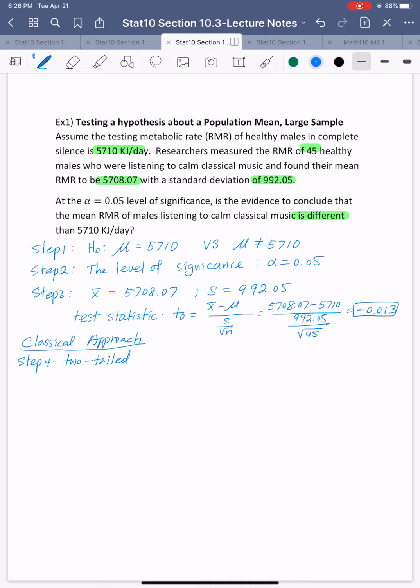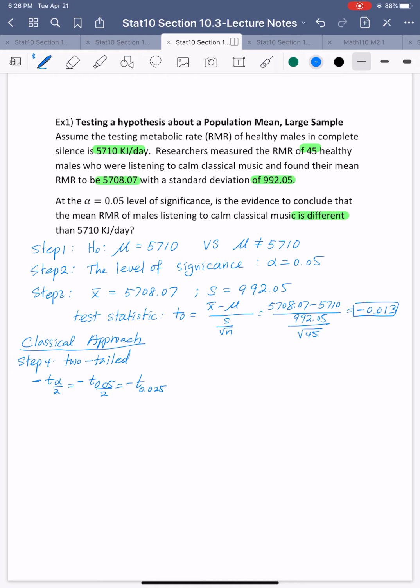So what we need is to find negative t sub alpha over 2, where alpha is 0.05, so negative t sub 0.025.